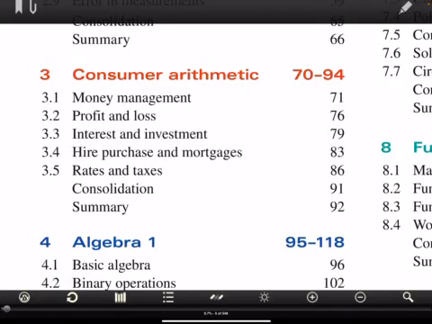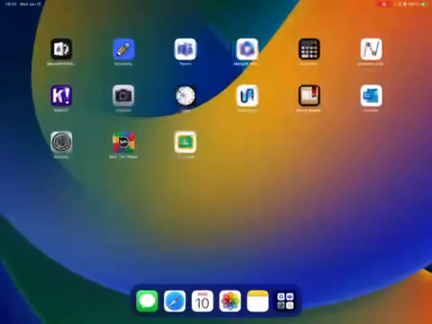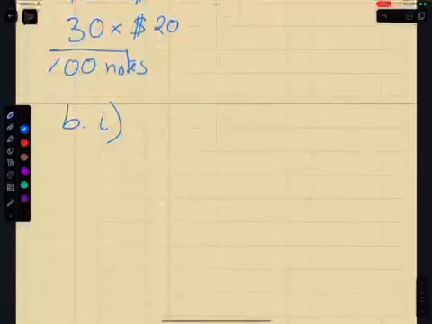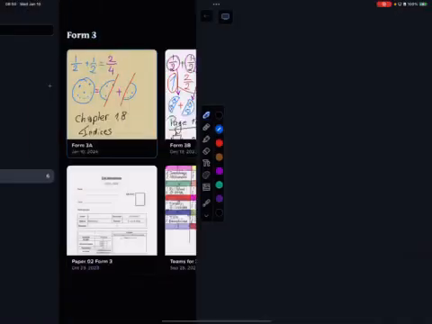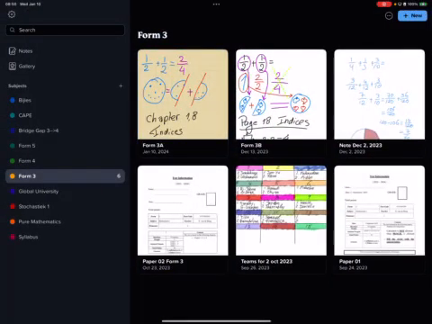Chapter 3, there is only 3 things you need to know, and you need to know how to, as they say, move them around. For example, you have the formula of simple interest.